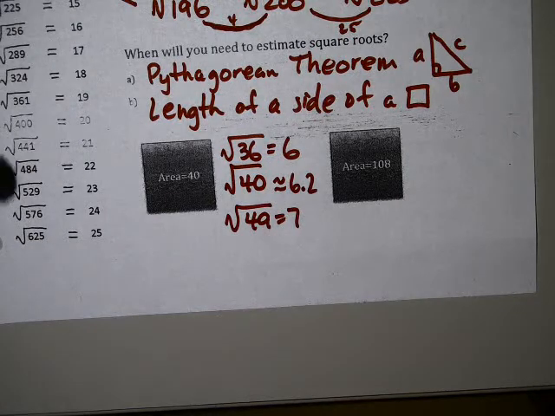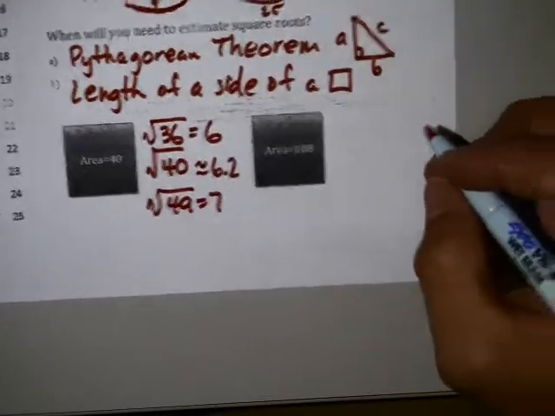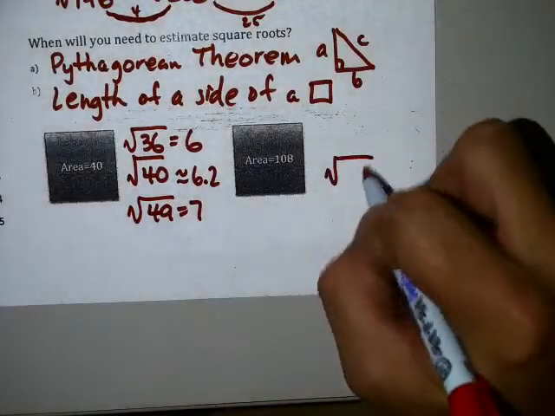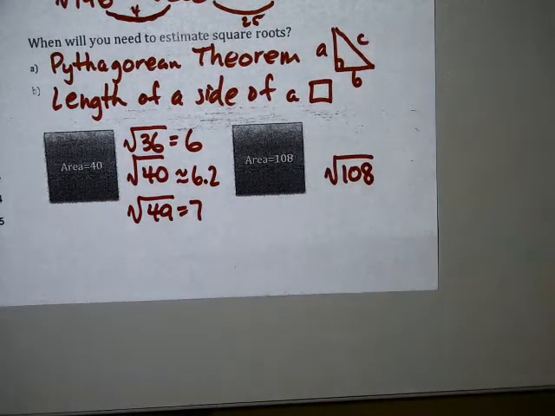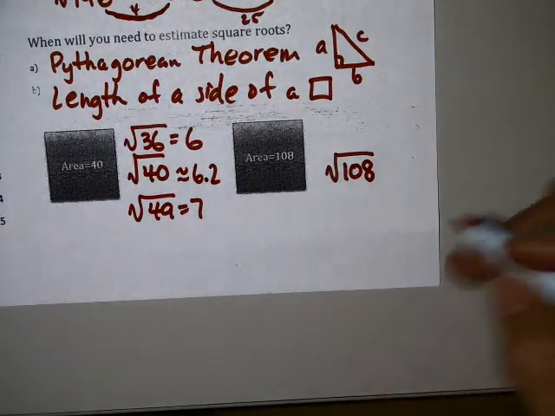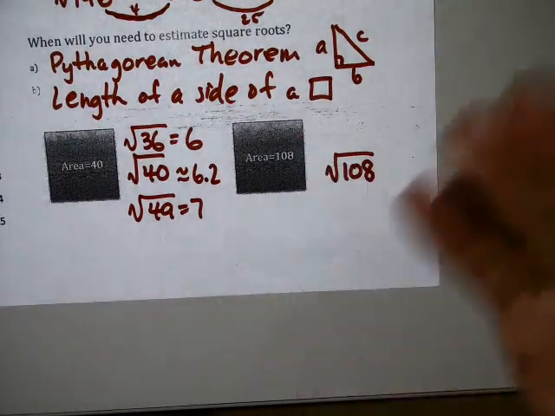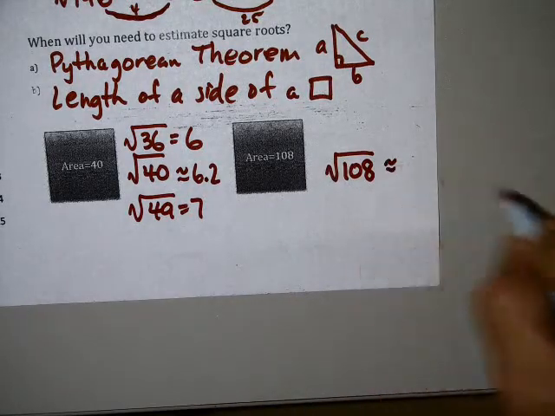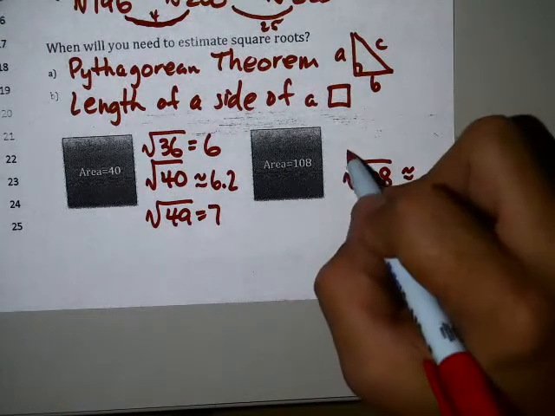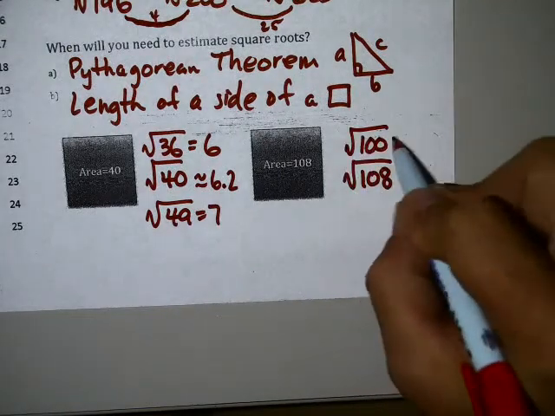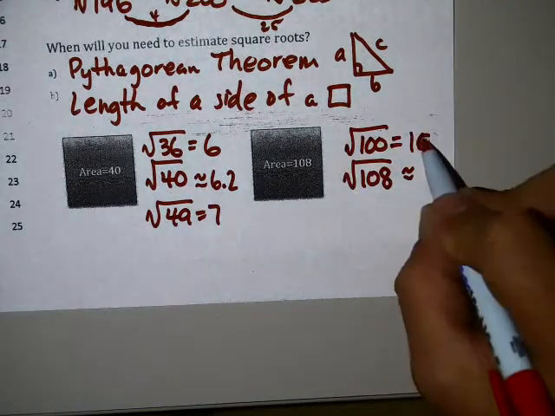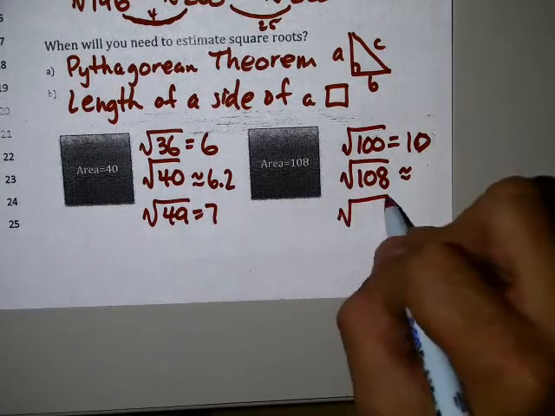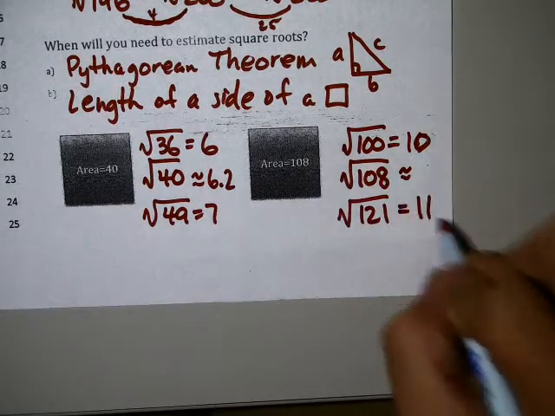If you were taking a test with multiple choice answers, you'd see that there was only one of them that was really close. Okay, and this last one, just to finish off our notes, if they said the area of the square was 108, and you had to find the length of each side, again, it's a square, both sides have to be the same number, so we're going to estimate. And if we have to look at our chart, then we do that, but we know the one that's lower than it is 10, the square root of 100 is 10, and we should know the next one, 11.